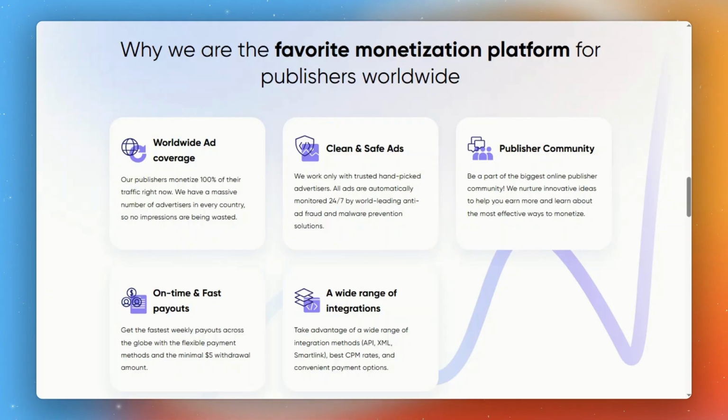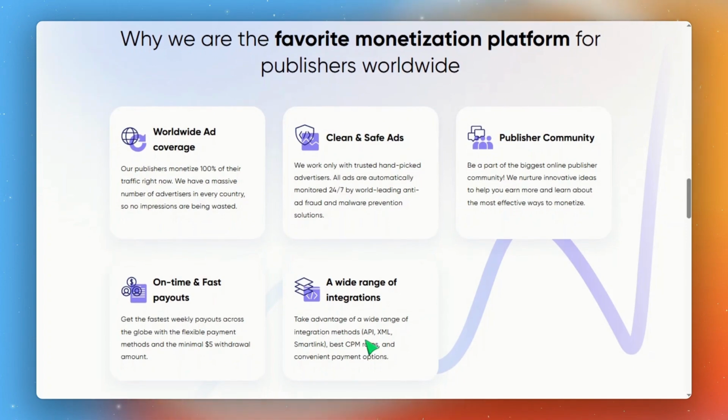Now you might be wondering, why Monetag? There are many platforms offering SmartLinks. Here's why Monetag stands out. Higher CPM rates. Monetag has been around for years with strong advertiser relationships, which means better rates for your traffic. Global reach. You can earn from traffic in any country, not just specific regions. Fast and flexible payouts.